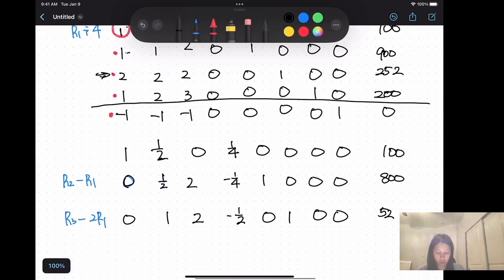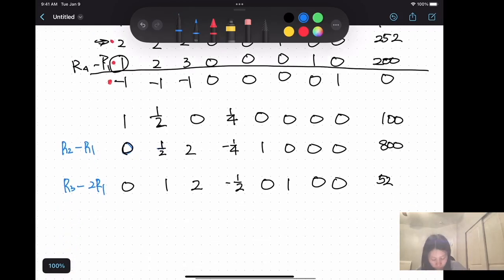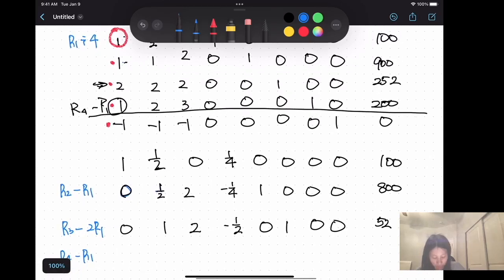Okay. So for the fourth row, this is also 1, so all I need to do is the fourth row minus the first row. In here, we will get what? 0. 2 minus 1/2 is negative 4/3.